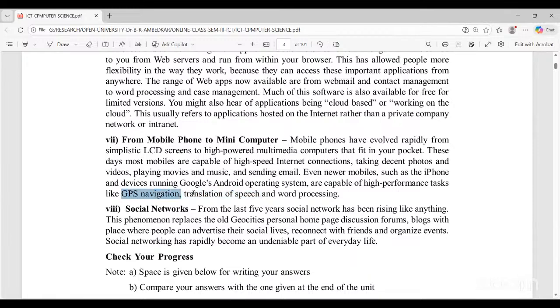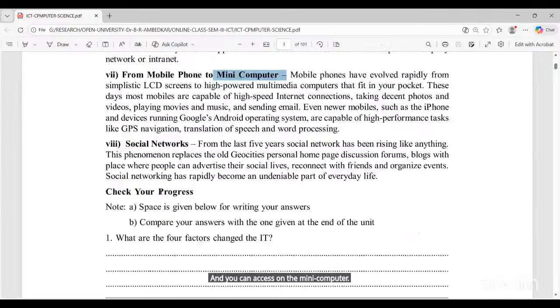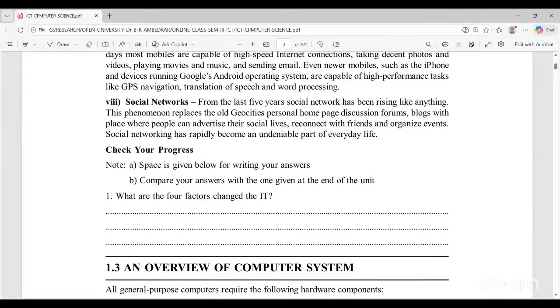These kinds of applications we can access over the mobile phone, and we can access on the mini computer. Next, social networks. Social networks we can also access nowadays. The social networks have become more popular.